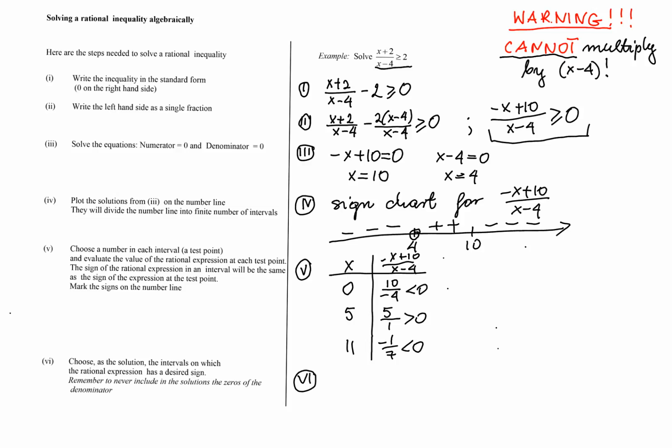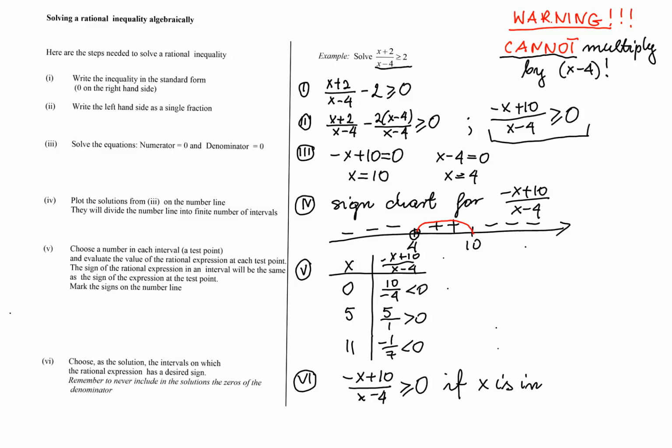So our inequality reduced to (-x + 10)/(x - 4) ≥ 0. What I want to know is when this expression is positive or 0. So if I look at the number line, I'm looking for the plus sign, and the plus sign is only between 4 and 10.